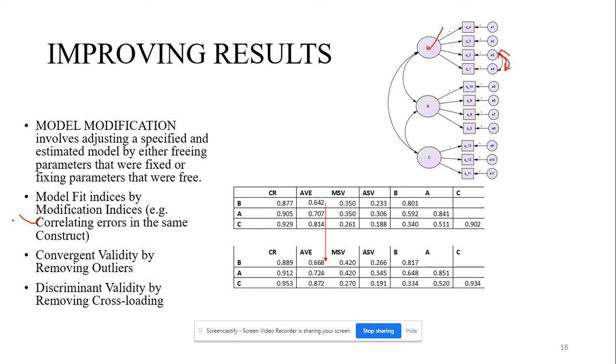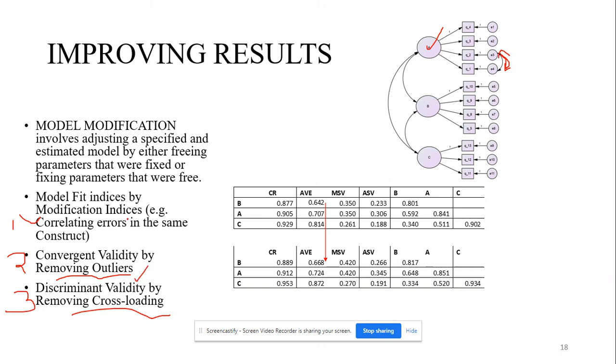Second action we can do is improve the convergent validity. If we remove the outliers, it will also help improve our model. Third is in terms of discriminant validity. If by removing the cross loading, we can improve the discriminant validity.